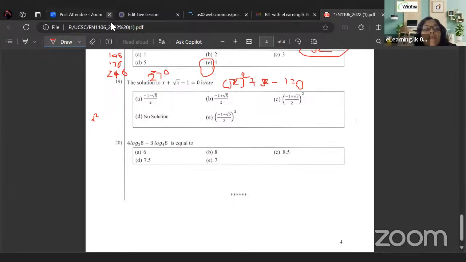If there is a square, then you can consider it a quadratic equation. Then how do we find the solution for a quadratic equation?